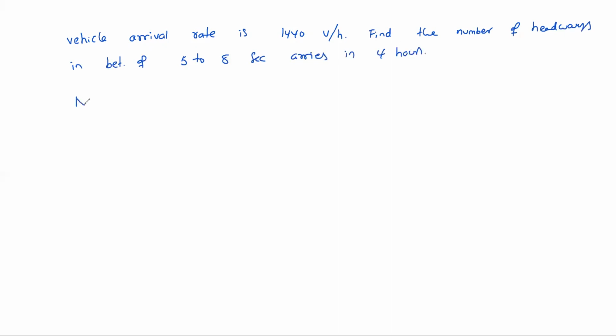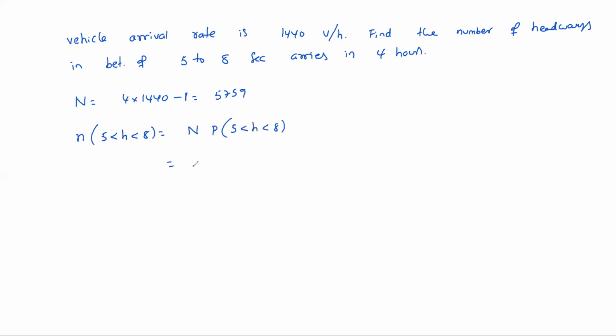So N equals 4 into 1440, of course minus 1, which is 5759 vehicles. Now N of headway in between 5 and 8 means capital N into probability of headway in between 5 and 8.